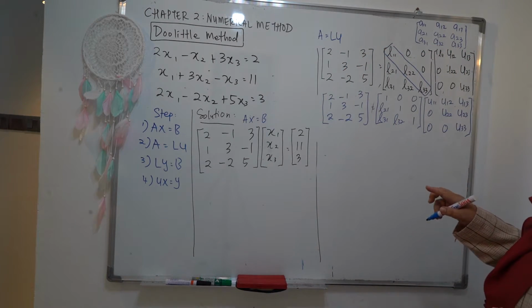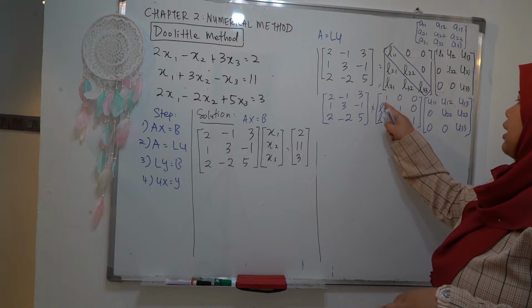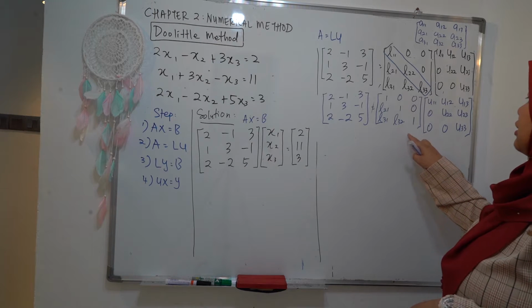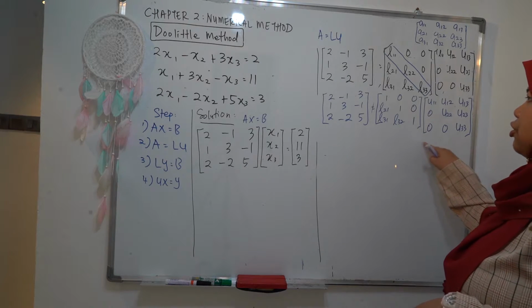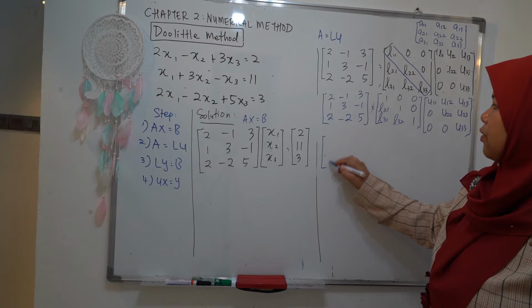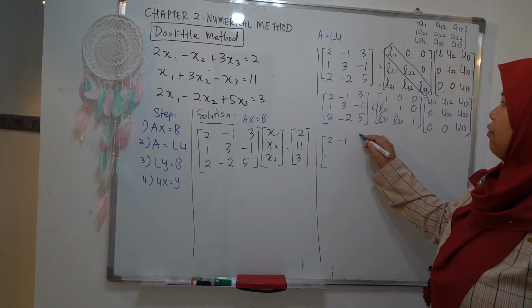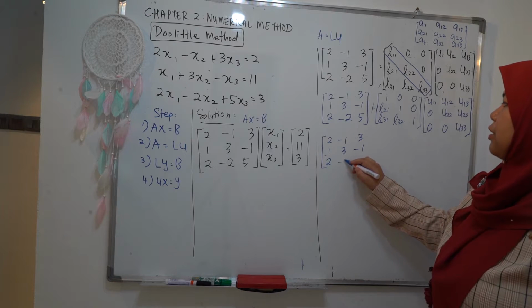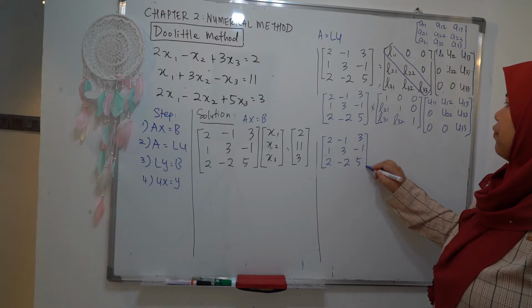Okay, so right now I already changed the elements for the diagonal matrix L, so I just have to multiply these two matrices. So 2, negative 1, 3, 1, 3, negative 1, 2, negative 2, 5.